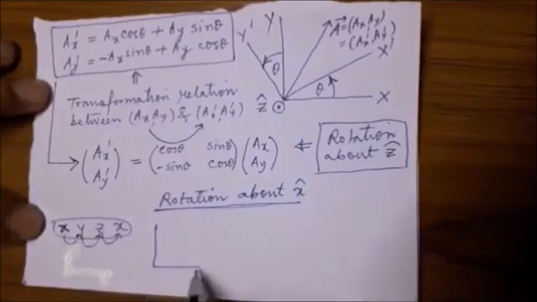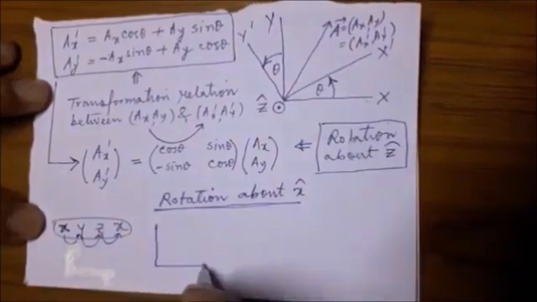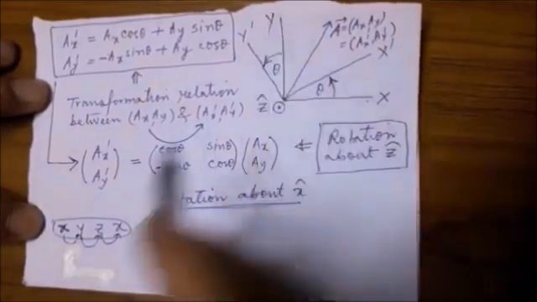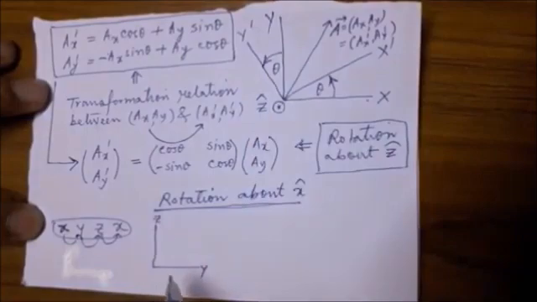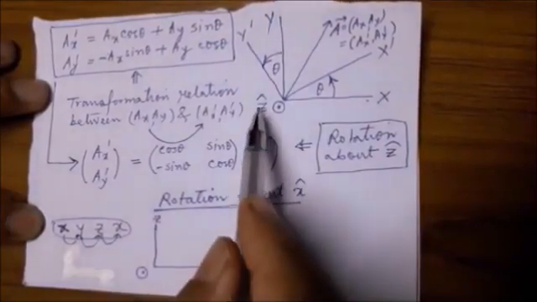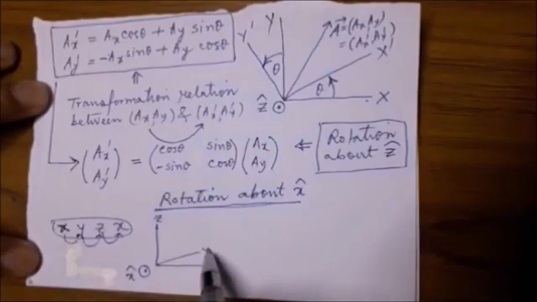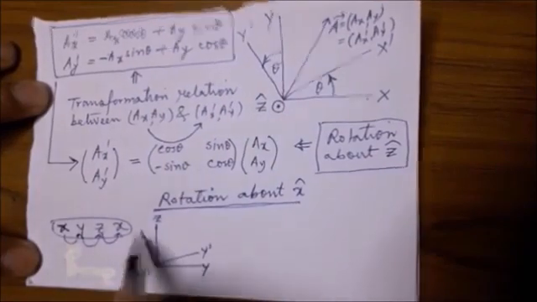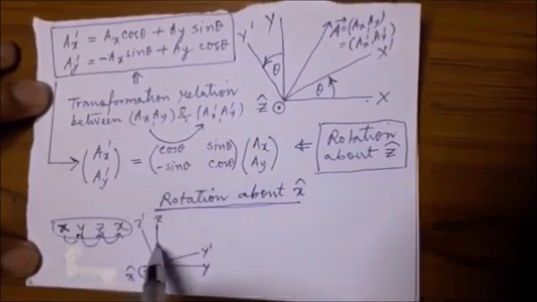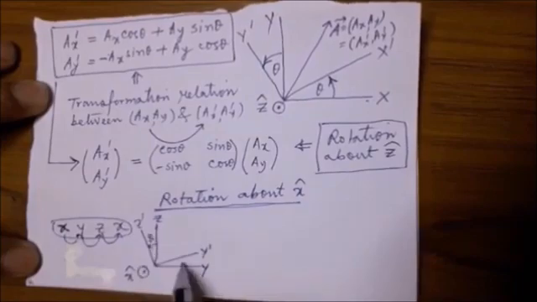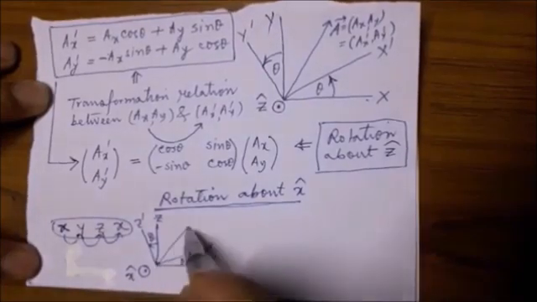So this is the x-axis here, so it will be y-axis, this is y-axis, it will be z-axis, and the rotation is not about z but about x, so it will be x hat. Now y goes to y prime and z goes to z prime, and the angular shift is of amount theta. So the diagram is complete, and this is the vector A.